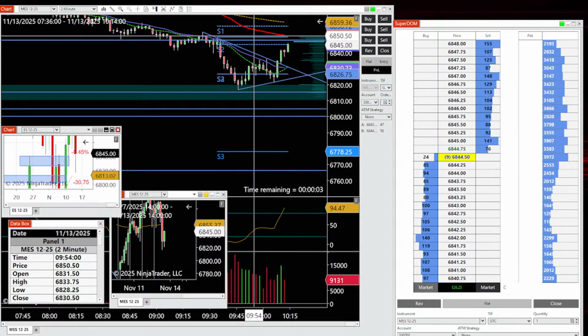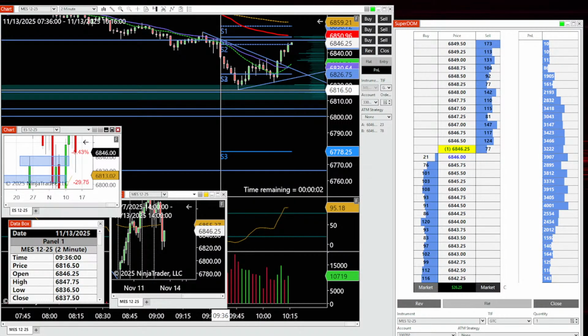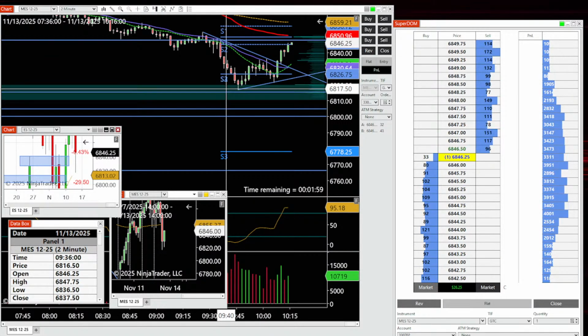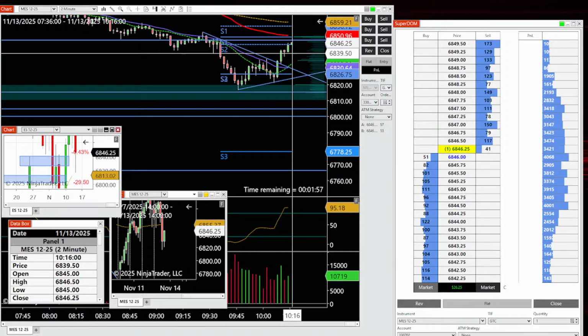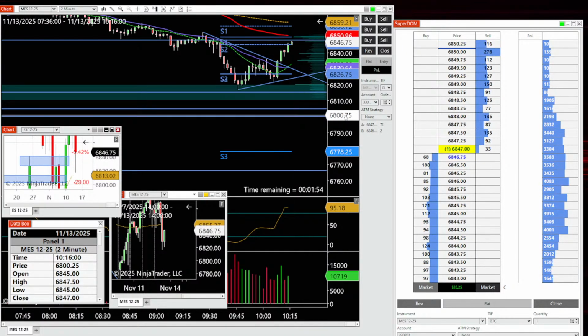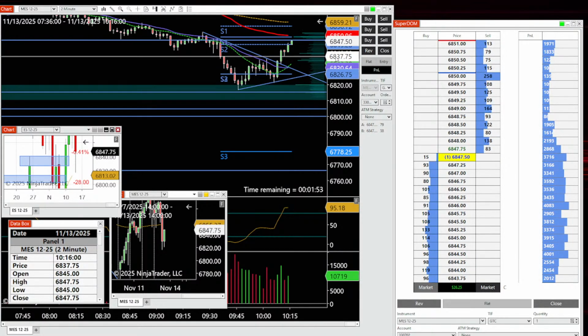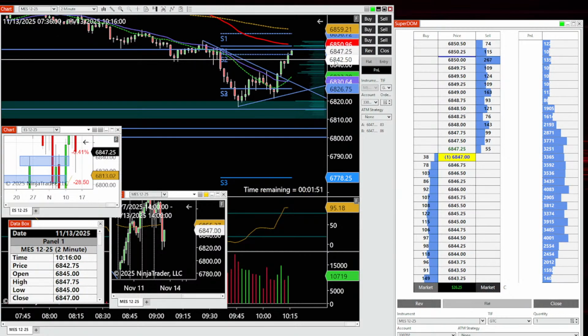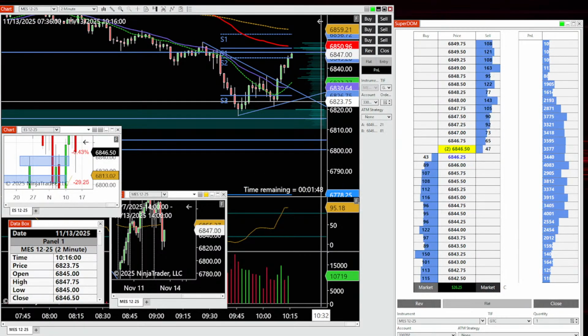So we got 47, 50. The question is, do I want to stay in one of these? Shots still moving. Okay, we got VWAP coming back to test 50.